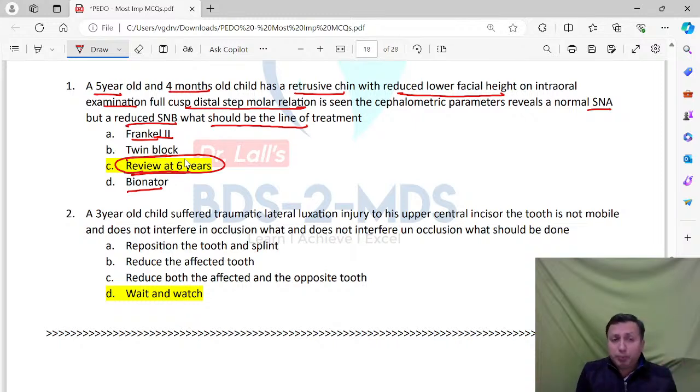Depending on that, we'll decide which type of appliance to give, whether a Frankel's myofunctional or a twin block appliance. So it's a very early call to give any myofunctional appliance.